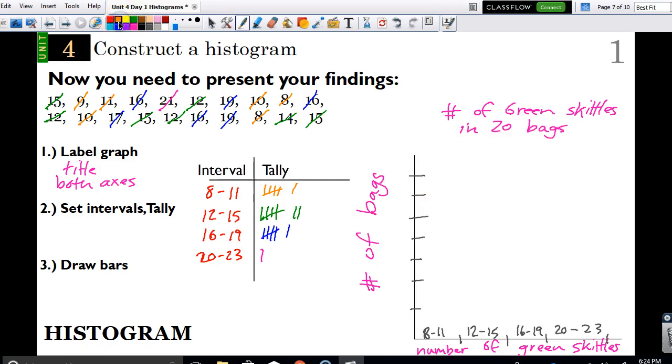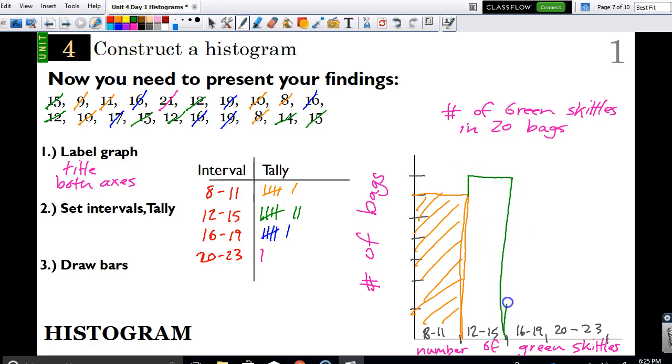So in the first interval, from 8 to 11, there were 6. If I had more time and was trying to be more careful, I'd make sure this was evenly spaced. So you could see that there were 6 in that first interval. And in the second interval, we had 7. There's my tall bar. Notice how I make sure the bars are all touching. That's important.